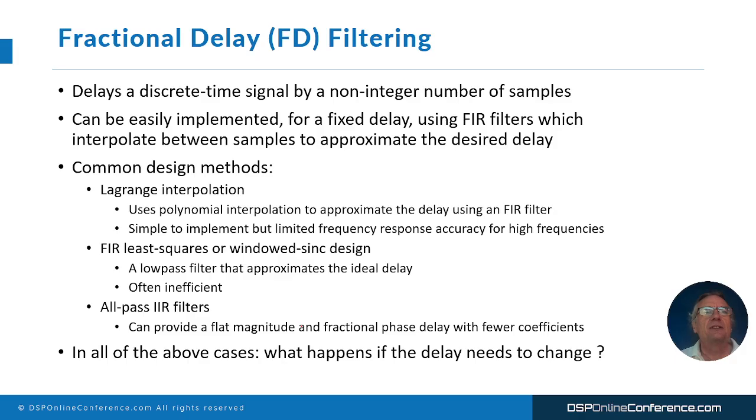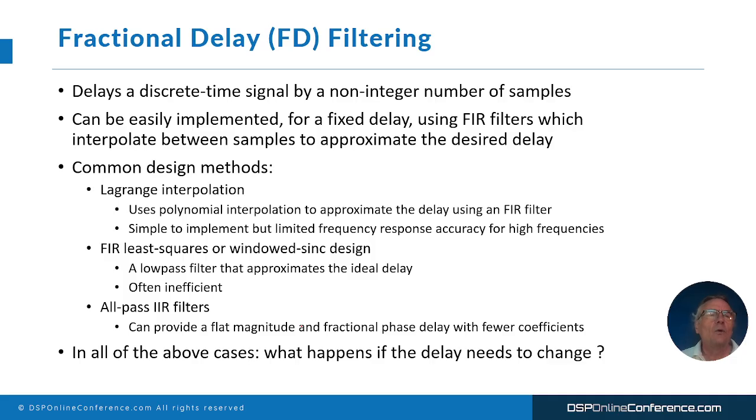Lagrange interpolation is a very popular algorithm that uses polynomial interpolation to approximate the delay between the samples, to interpolate between the samples. Very simple to implement, can be implemented using an FIR filter, as can some of these other algorithms such as FIR least squares or a window sinc filter design.